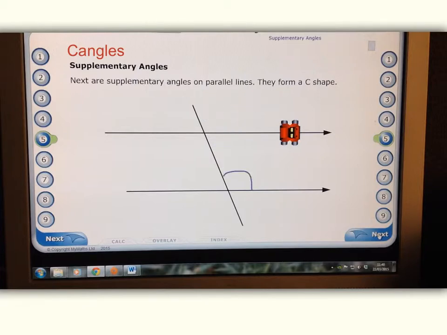So you would say 120 and 60, because 120 add 60 equals 180. These are supplementary angles. They make a C shape. One way to remember them is a cangle.